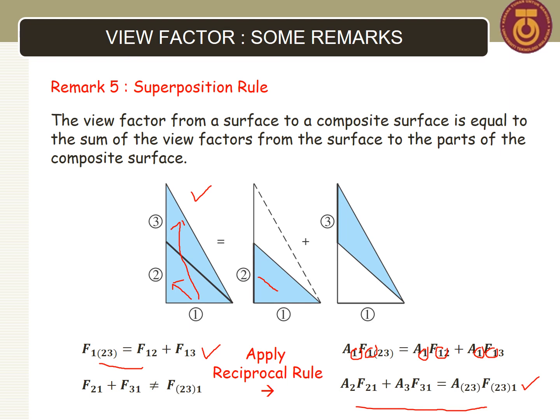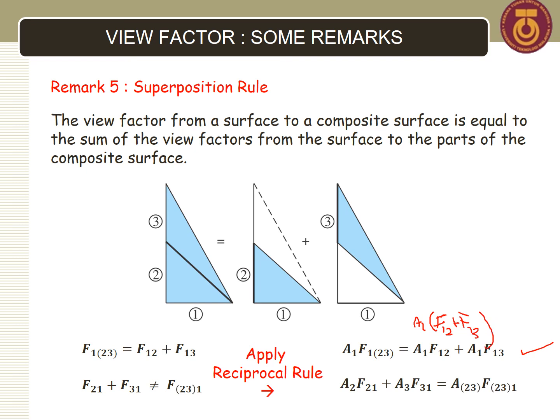So if you see this equation, let me erase. When you see the first equation, you can actually cancel out the A, because here you can take A1 out and it becomes F12 plus F13, and this A1 can be cancelled out.